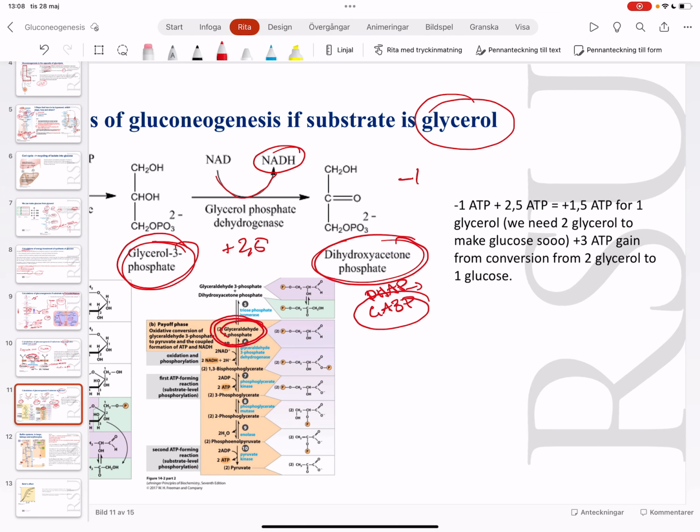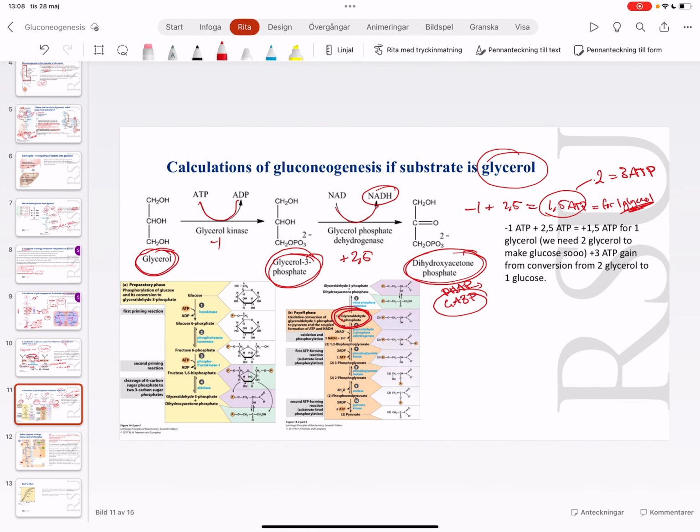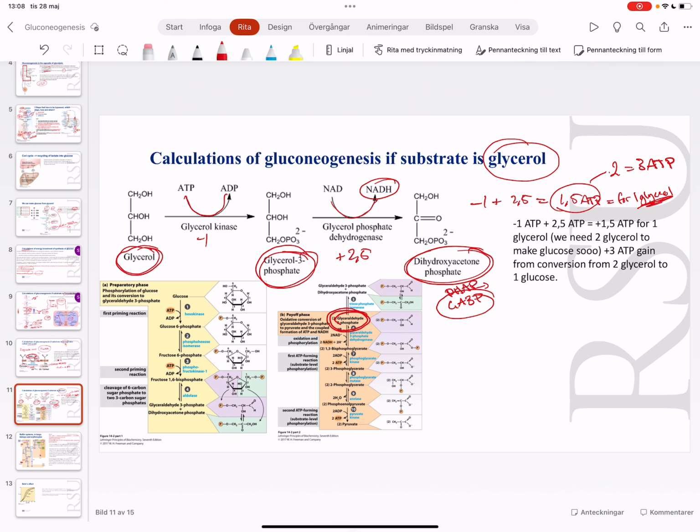Minus 1 ATP plus 2.5 gives us 1.5 ATPs for 1 glycerol, but we will have to use 2 glycerols, so the net ATP times 2 equals 3 ATPs for 2 glycerol molecules, so that we can get to 1 glucose molecule. So we will have these plus 3 ATP.